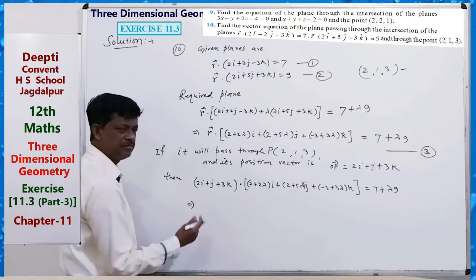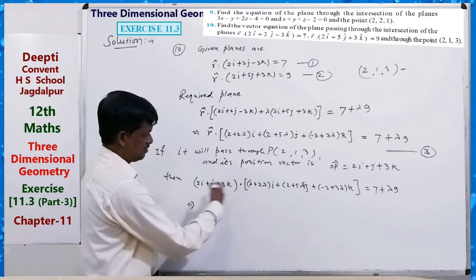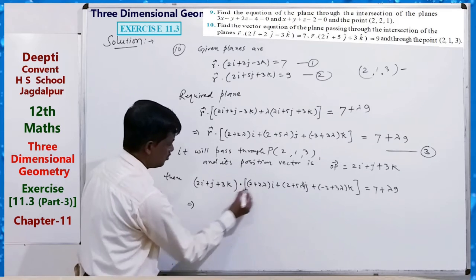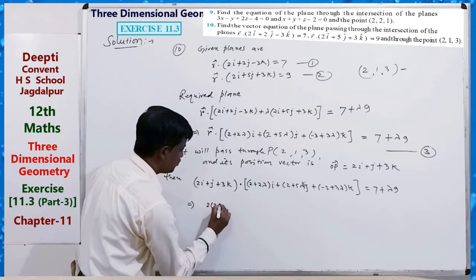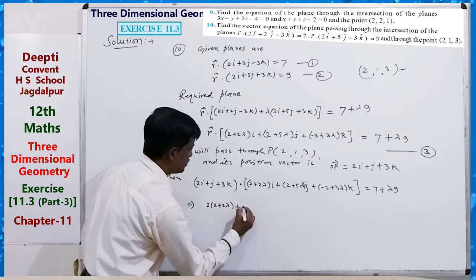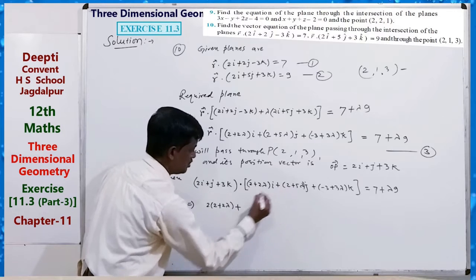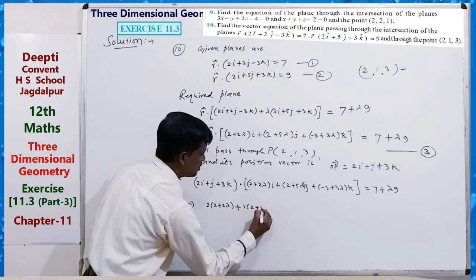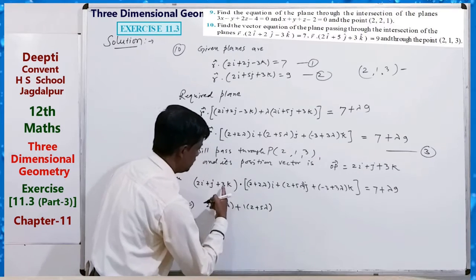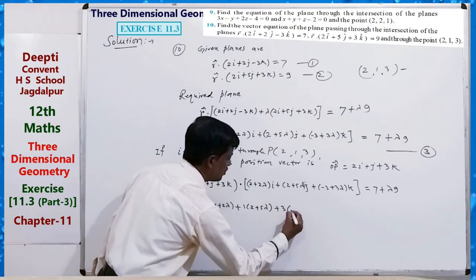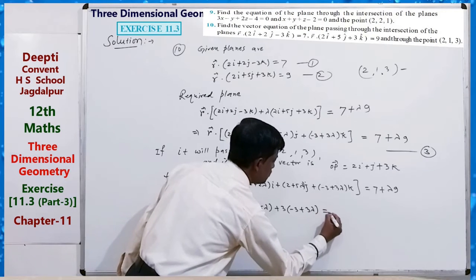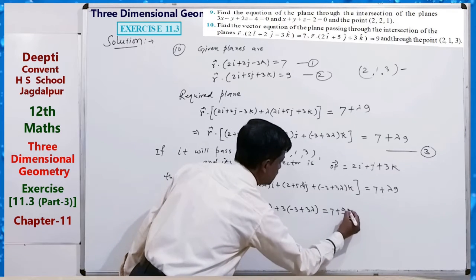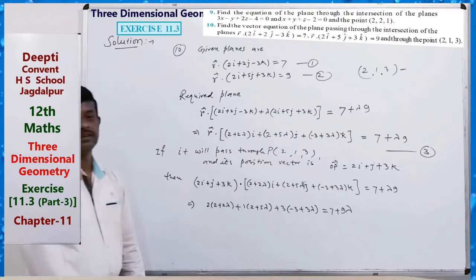From here we get the dot product: 2 into (2 + 2 lambda) plus 1 into (2 + 5 lambda) plus 3 into (-3 + 3 lambda) equals 7 plus 9 lambda.